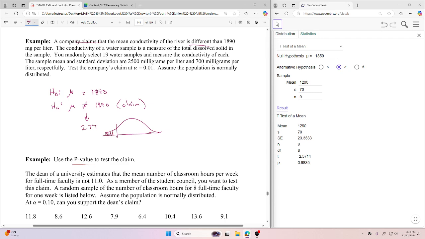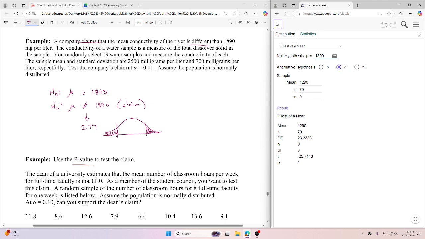This will be the last one I'm going to do with the rejection region stuff, but I just want to test it again, just in case. Okay, so two-tail test, claim, high. Good. Keep going back. So we got the 1890.